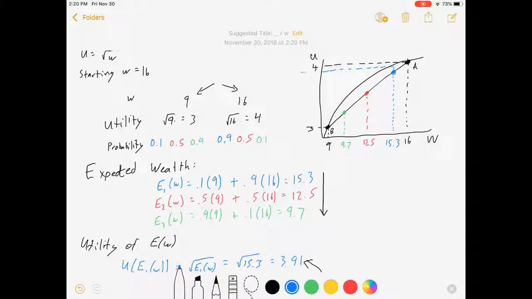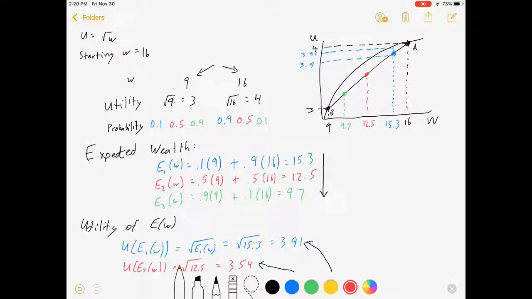So this is my 3.91, and there's my 3.9. My utility at 15.3 is higher than my expected utility, if that makes sense. And if not, watch it again, find another video, read a book, come to my office, whatever.